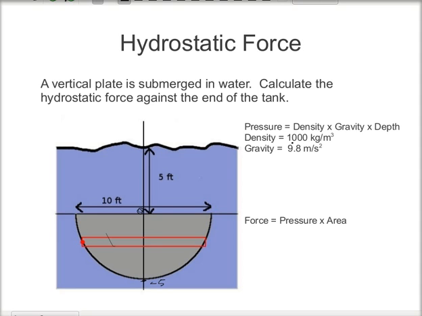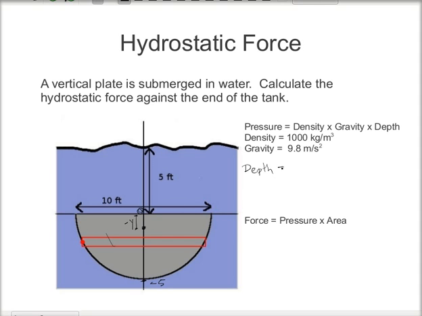Since it's water, the density is 1,000 kilograms per meter cubed. Gravity is given by 9.8 meters per second squared. So we need to figure out what the depth is. If we take a point here, the depth is going to be 5 feet plus this distance. Since we're below the axis, this distance is -y.